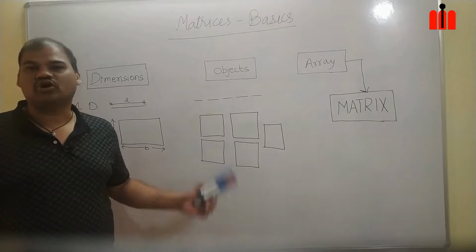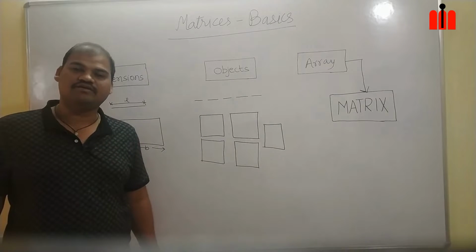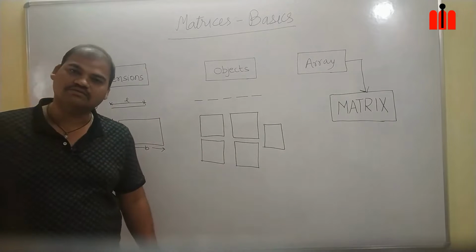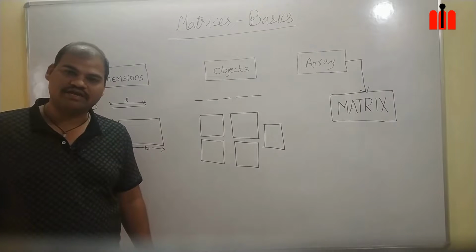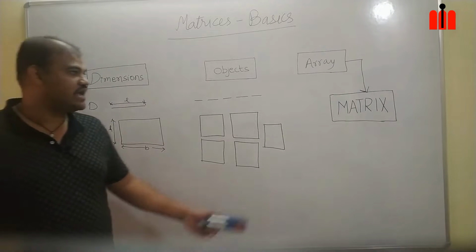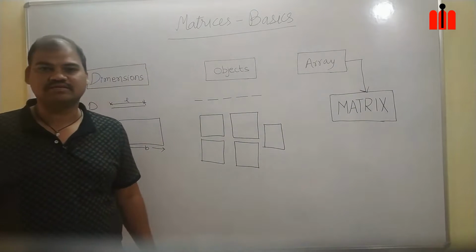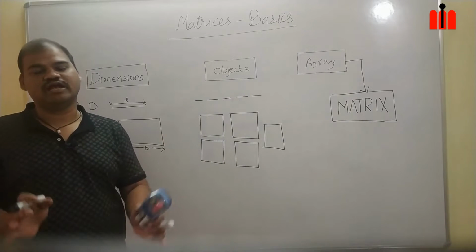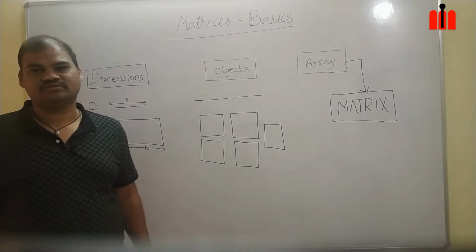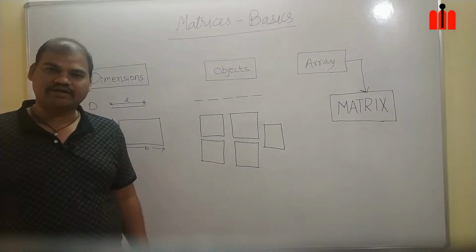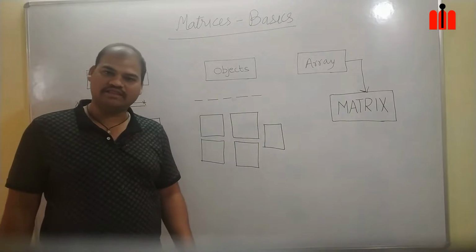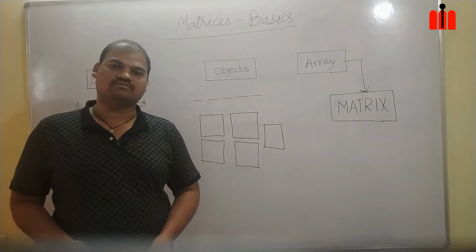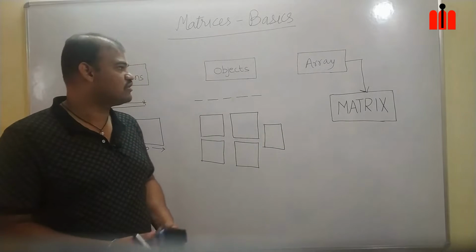Because it's not in an elegant fashion such that the number of rows into number of columns will give you the number of objects. So my array is a highly organized, elegant fashion arrangement of objects. These objects can be anything: lines, rectangles, toys, trees.